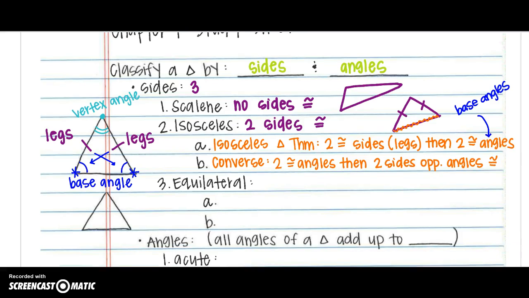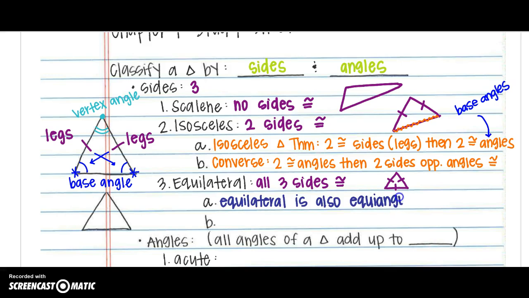All right, going back down to finish out our classification of our sides, equilateral just means all 3 sides are congruent. So it may look something like this. And we learned 2 things kind of all the way throughout this section. If it's equilateral, it is also equiangular. So we know that all of the angles are congruent if all the sides are congruent.